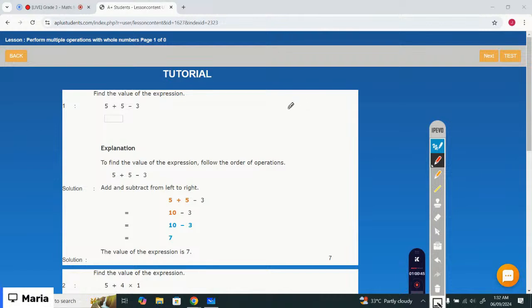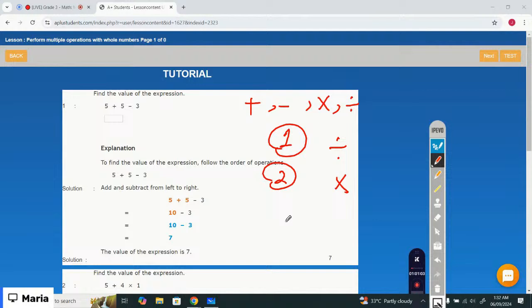So the order of operations is, if you have addition, subtraction, multiplication, and division all in the same question, right? The very first thing you have to do is divide. The second thing you have to do is multiply. The third thing you have to do is add and subtract. Addition and subtraction are on the same level, right? Either you add first or subtract.